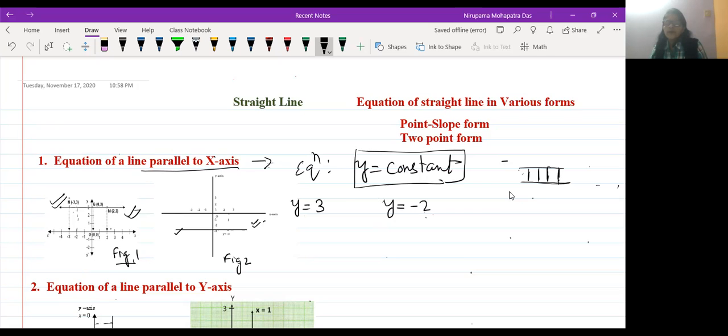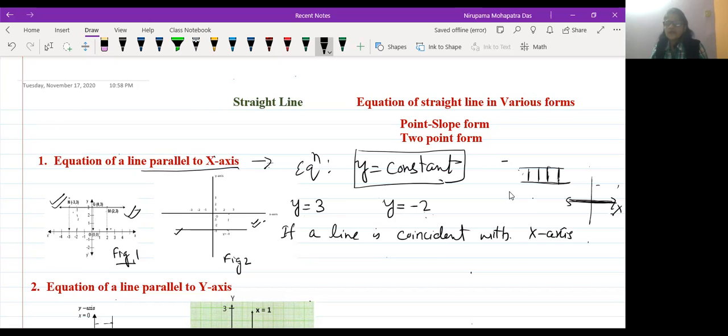The line may be lying above or below the x-axis, but what will happen if the line is coincident with the x-axis? Then it will be the x-axis itself.